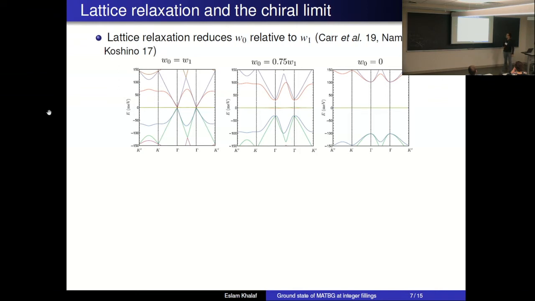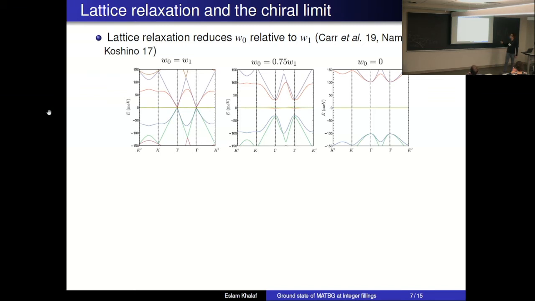And the way to model this in this continuum model is to choose W0 to be smaller than W1, and the realistic value obtained from ab initio calculations is around 0.75. A very interesting limit occurs when we take this lattice relaxation effect to the extreme and consider the limit when we completely kick out this type of coupling.